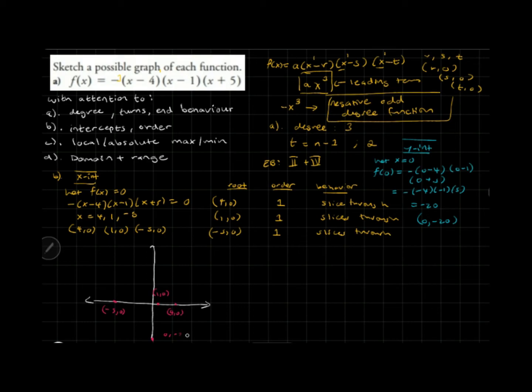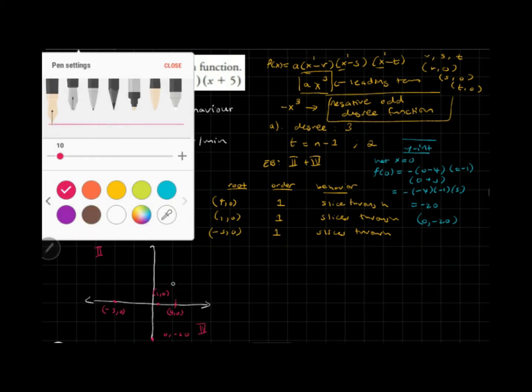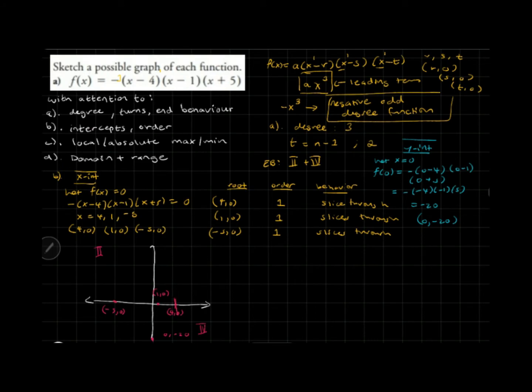This is 0 and negative 20. We can understand that the graph should pass through these points, and it should start in quadrant 2 and end off in quadrant 4. Technically, you should see this thing ending off in this quadrant, and it should start in this quadrant.